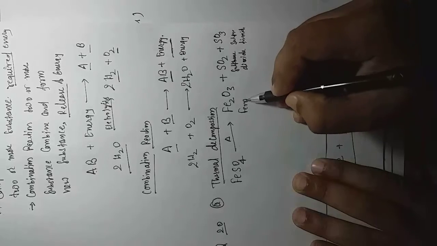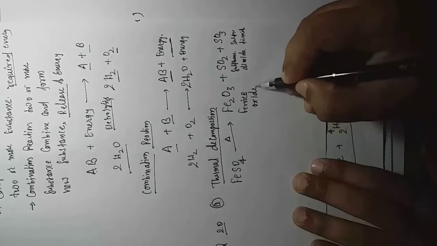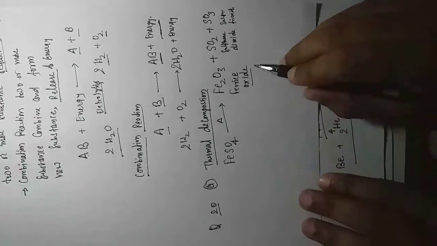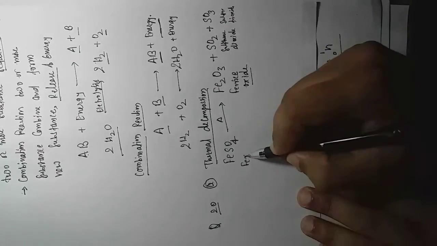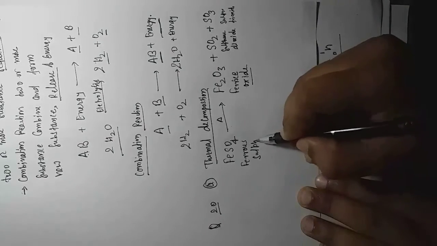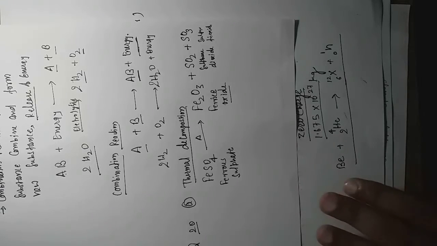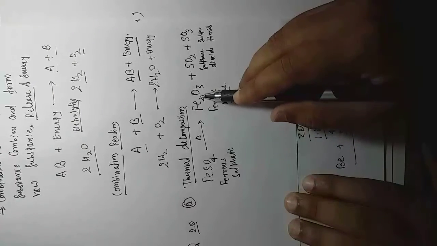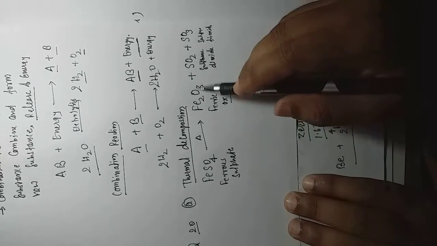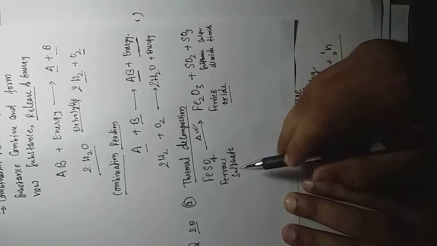Memorize this formula. It is essential for our higher order of learning, so be careful whenever we write formulas. Ferrous sulfate is the compound. When we apply heat on this compound, it decomposes into simpler forms. That's why we apply heat here. That is called thermal decomposition.